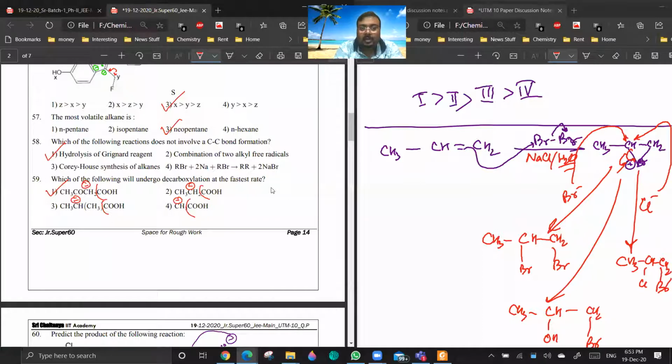So in first case, the negative charge can be delocalized, right? I have given this point that the rate of soda lime decarboxylation is directly proportional to the stability of the carbanion. The carbanion will be more stabilized in this case. Getting a point?